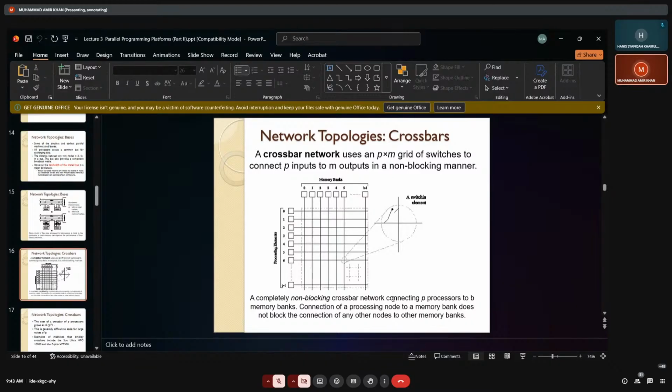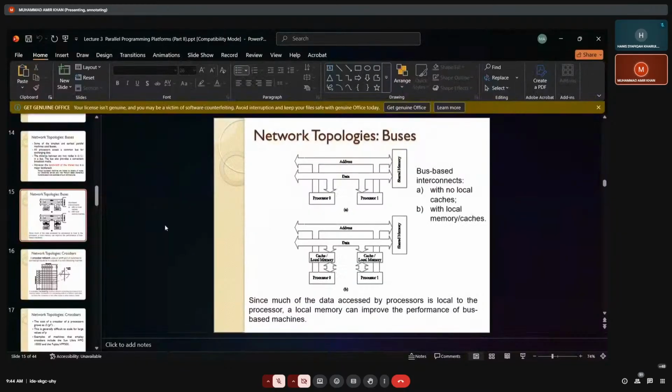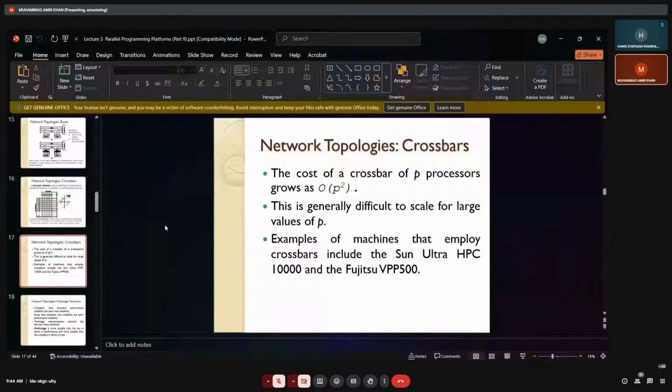It uses basically a P by M grid. P is the processor or processing element, and M is the memory block, the memory bank. All are interconnected. See? Crossbar. This is bus. The cost of a crossbar of P processors grows as P squared.